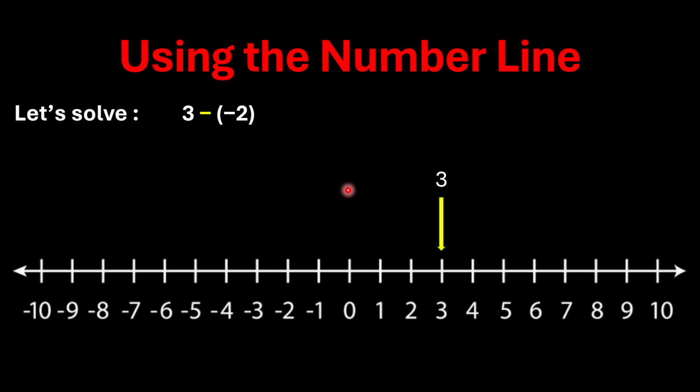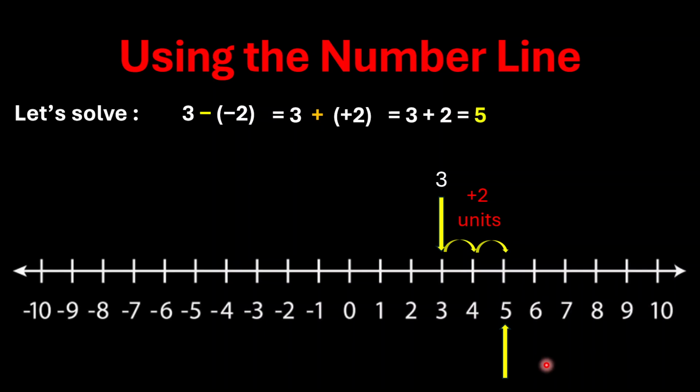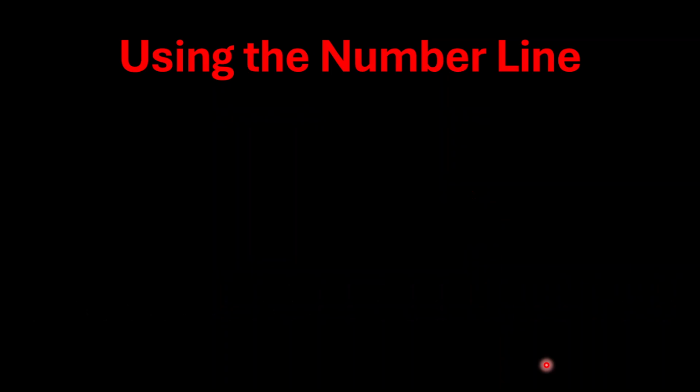And in this case, like adding numbers, we add 2 units. So subtracting negative numbers is adding 2 units or 2 steps to the right, or move right. So here 3 plus 2, the number is 5 on the number line, which means the result is 5. So 3 minus minus 2 equals 5.